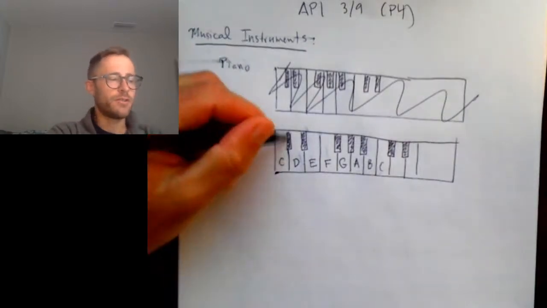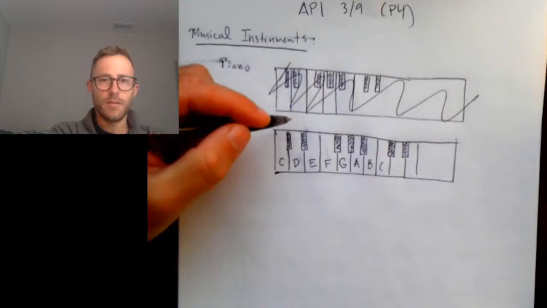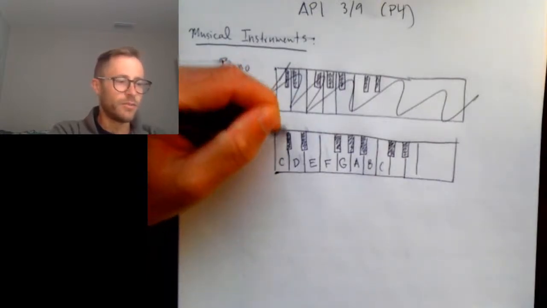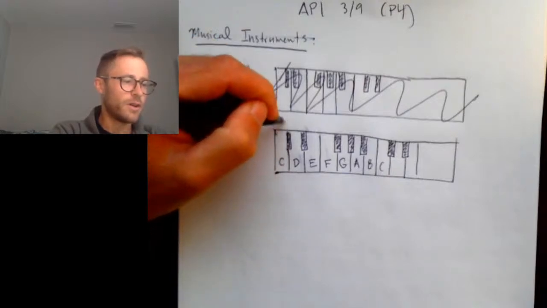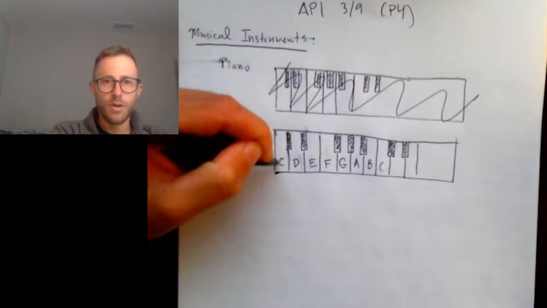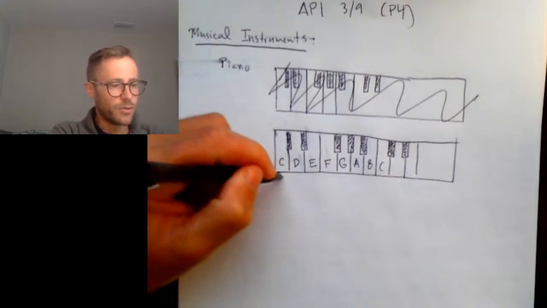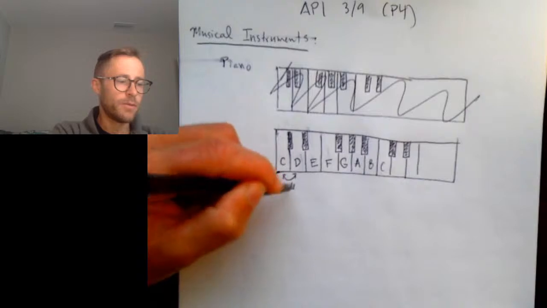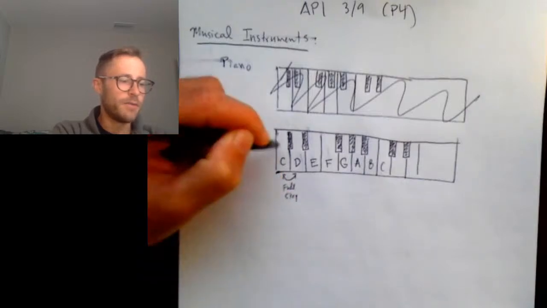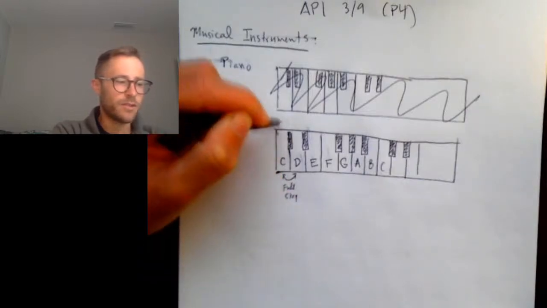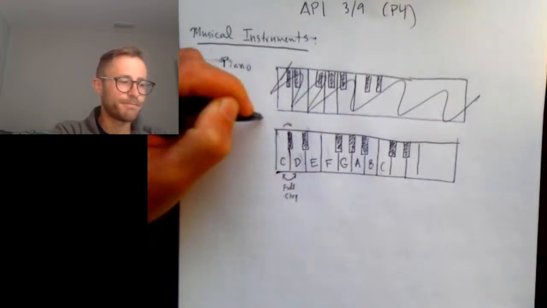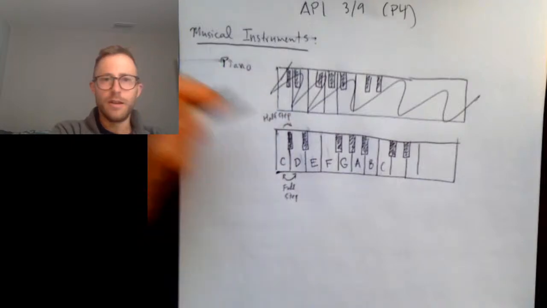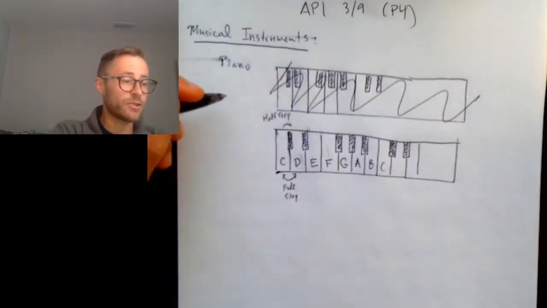Now the black keys are sort of in between a C and a D. Going from C to D is called a full step. And if you only go up to the black key in between, that's called a half step. If you go up a half step, that's called sharp.